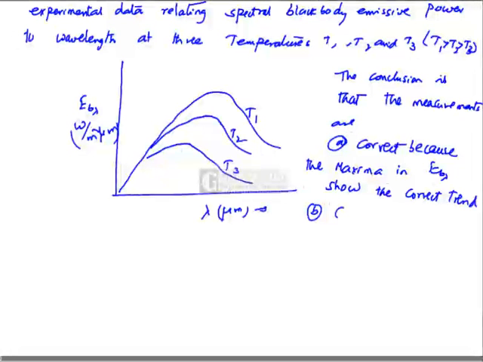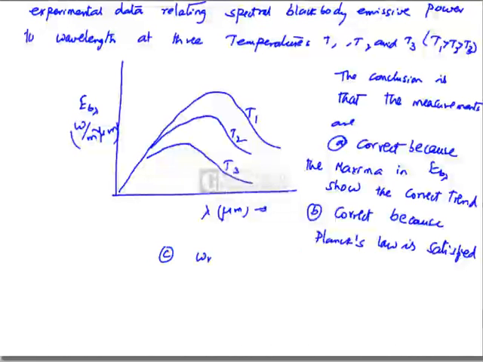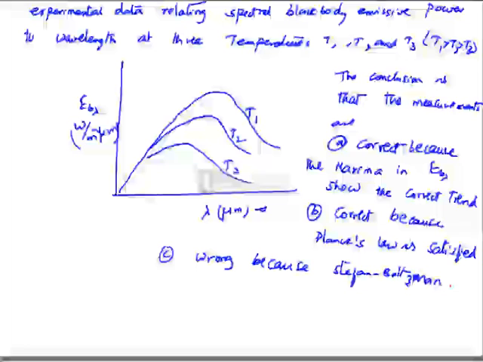B, correct because Planck's law is satisfied. C, wrong because Stefan Boltzmann law is not satisfied.